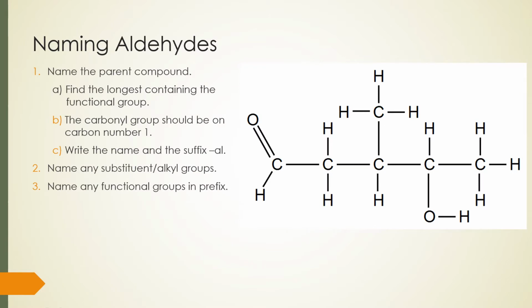Now when naming an aldehyde, we have to name the parent chain first, and we find the longest chain containing this functional group. And with the aldehyde, it will always be on the end. So 1, 2, 3, 4, 5. Now you'll notice this one also has an alcohol group in it.